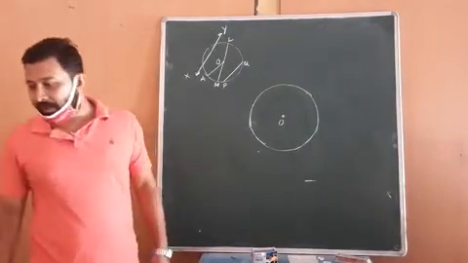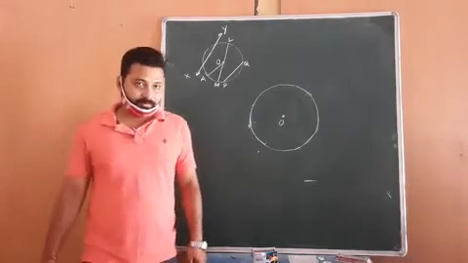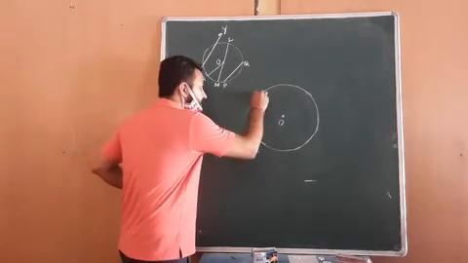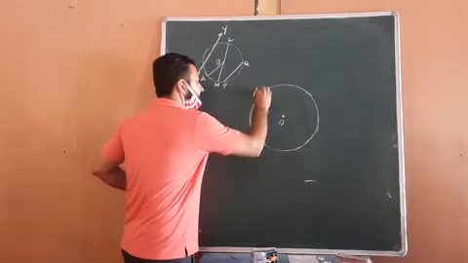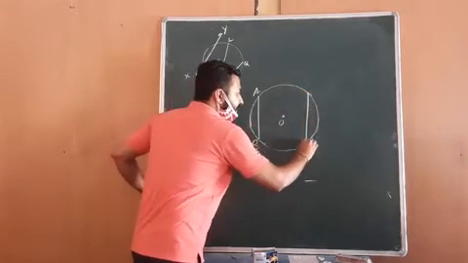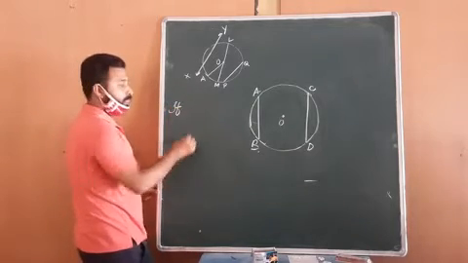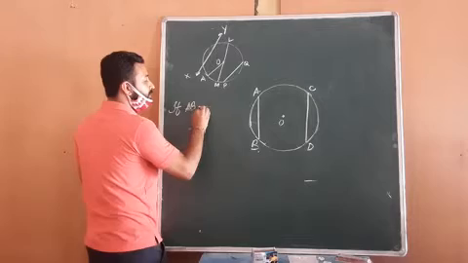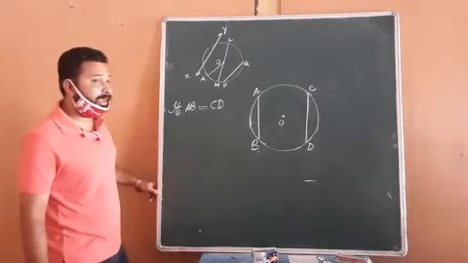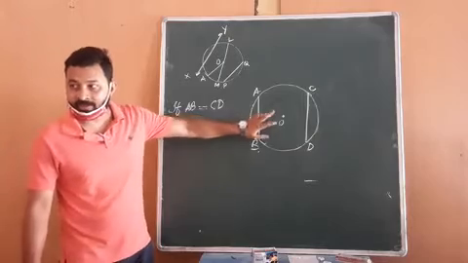In the theorem, the theorem number is 10.1. It is given that for two equal chords, suppose we have a chord AB and another chord CD. If the length of AB is equal to the length of CD, then the angle subtended by them at the center is equal.